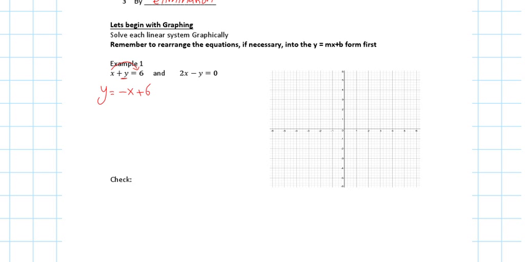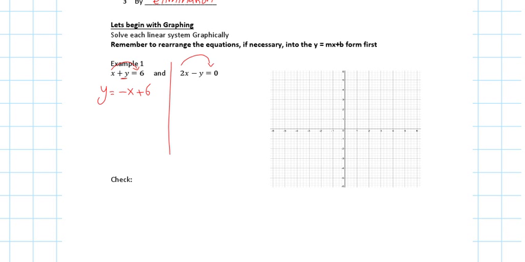How about the second equation? What do I bring to the other side? Bring the 2x over, what does it become? Negative 2x, plus 0. I don't have to include that plus 0, but we can write it. Now am I done? Is it y by itself? No, it's still a negative y. So I want to get rid of that negative.